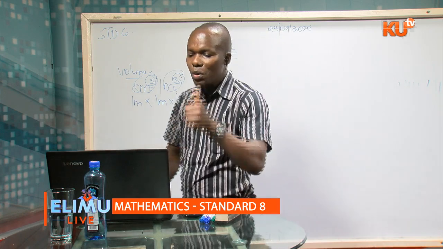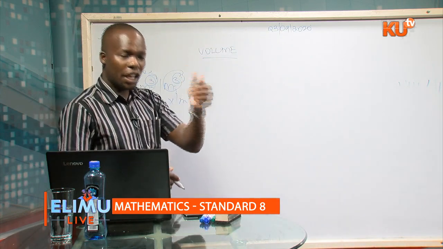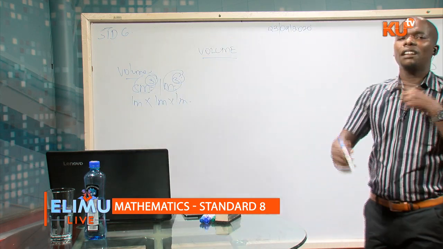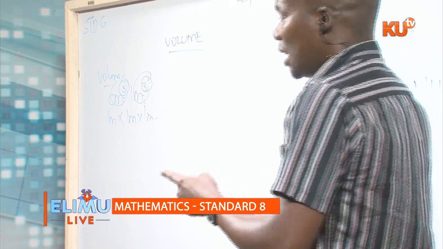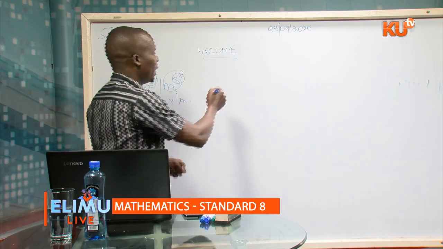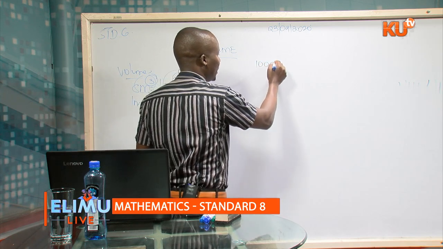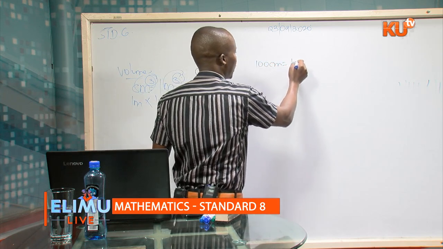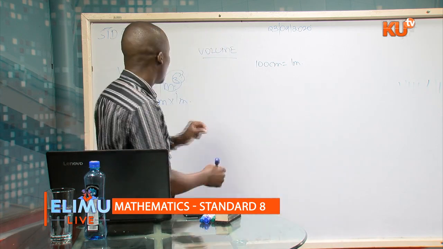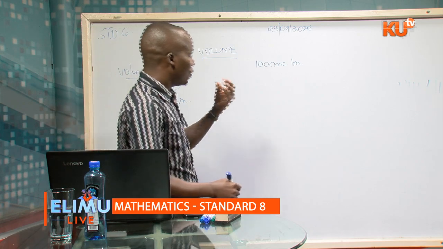Now, when we start by converting cubic meters into centimeters and vice versa, we said from the beginning that 100 centimeters is equal to 1 meter. That is length, because our units will come from length to get us the volume.